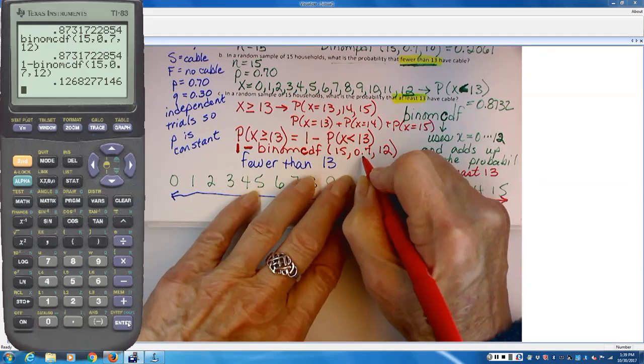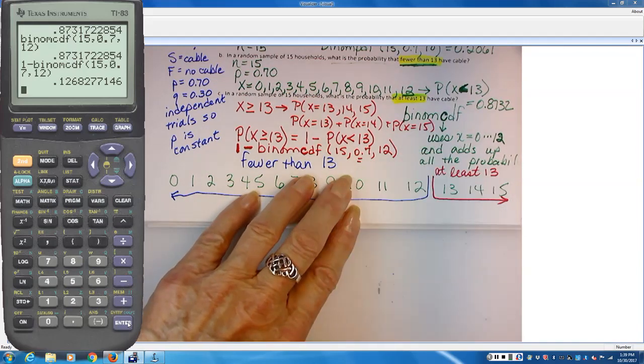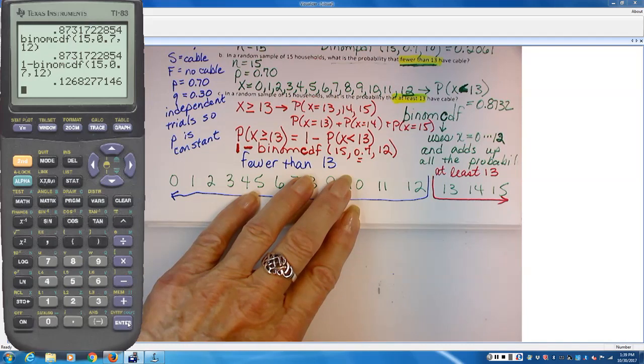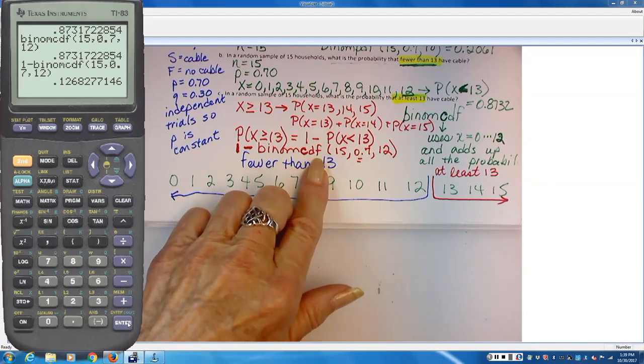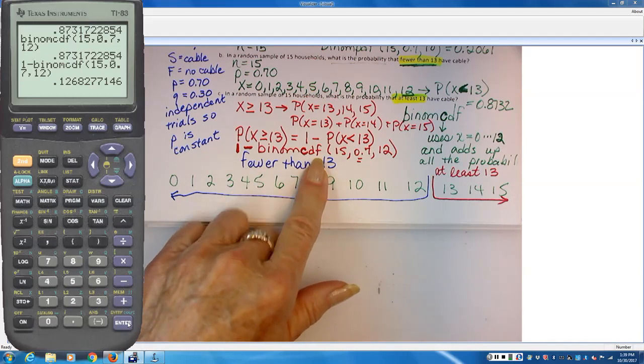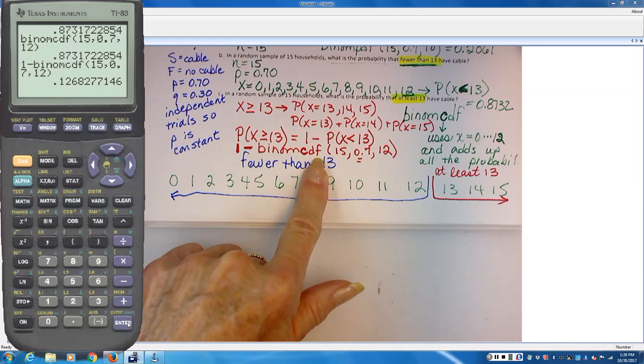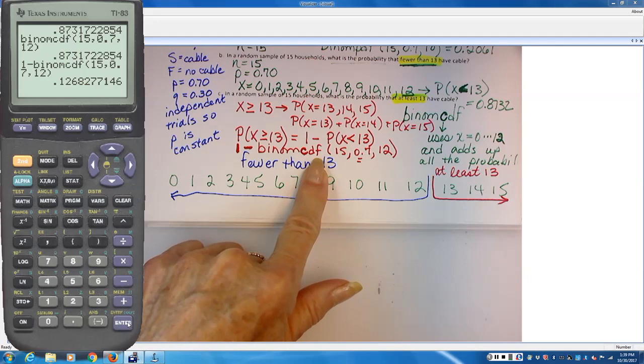Yes? What is the F at the end here? No, just like in general F. Like I know Q stands for the failure, it's like 30%. Okay, F is the failure to have cable television, so Q would be 1 minus 70%, which would be 30%.